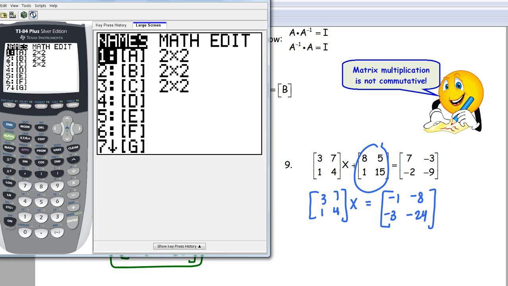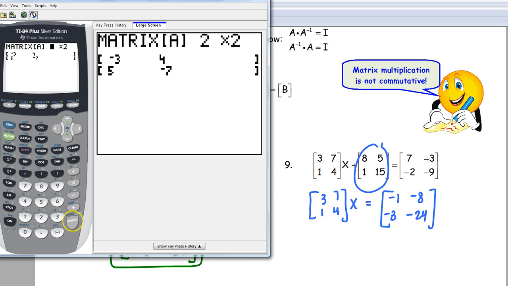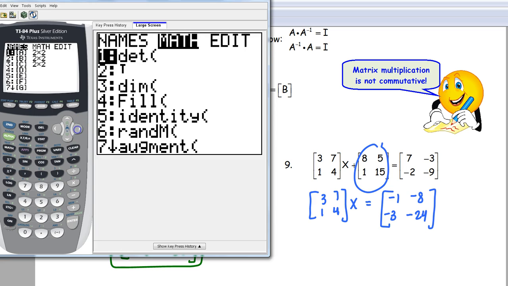Second matrix. So both are 2 by 2s again. 3, 7, 1, 4. Second matrix, over to edit.